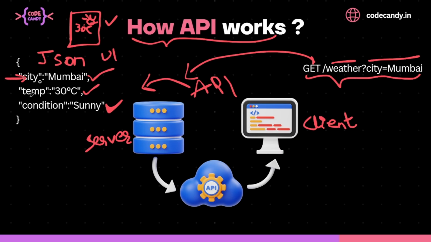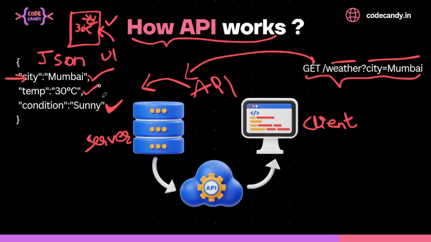All these things happen in the backend, and we take the JSON response to the UI. Front end developers will show it in the nicest way possible, like 30 degrees sunny with all the CSS shadows, effects, 3D icons, neomorphism.